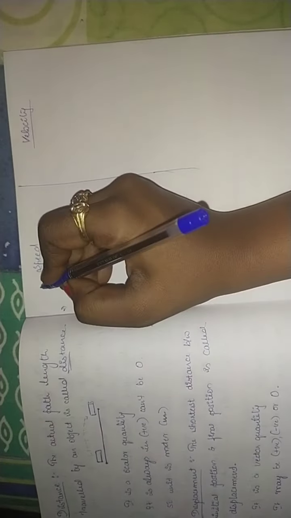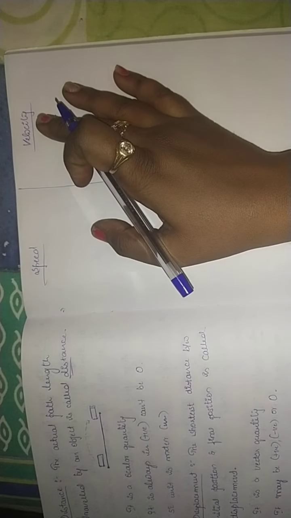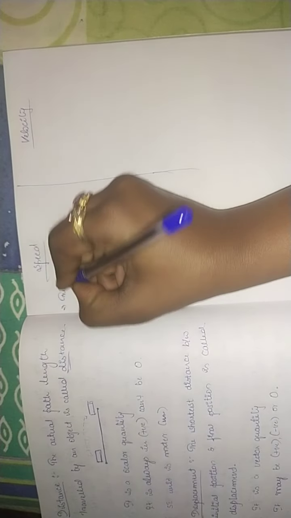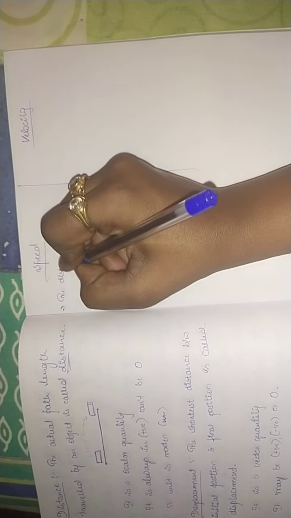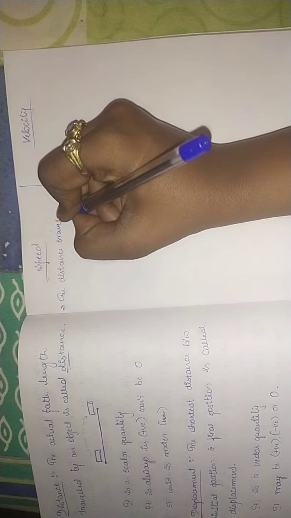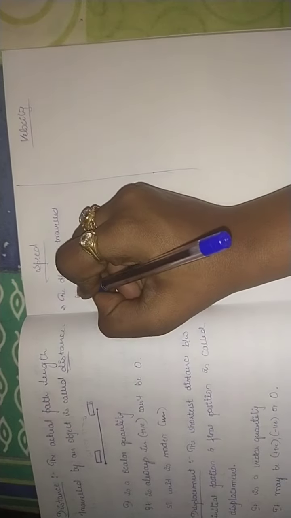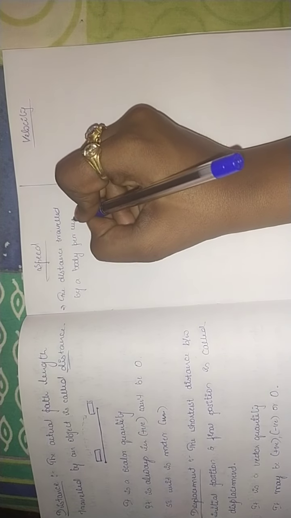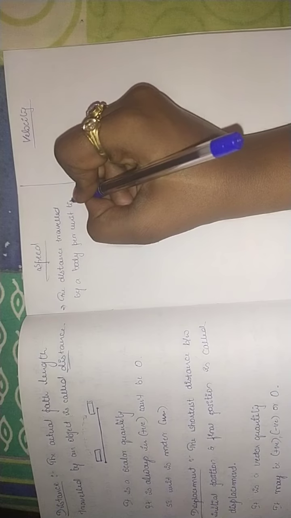Here we are learning the differences between speed and velocity, that we are going to study here. The distance traveled by a body per unit time, that we call it as speed.